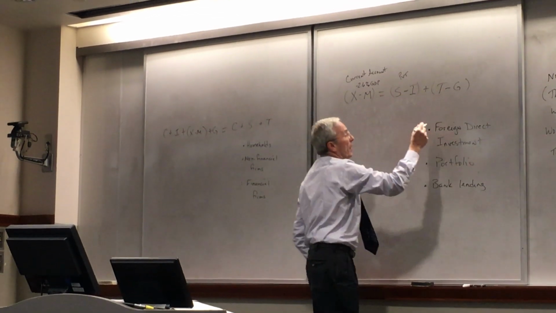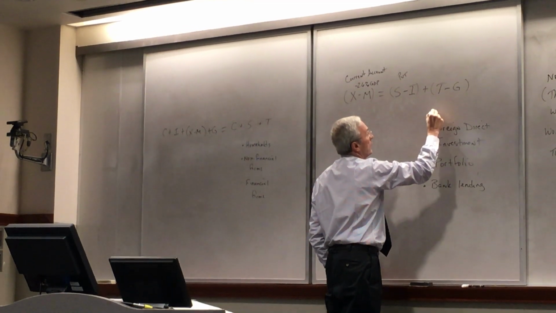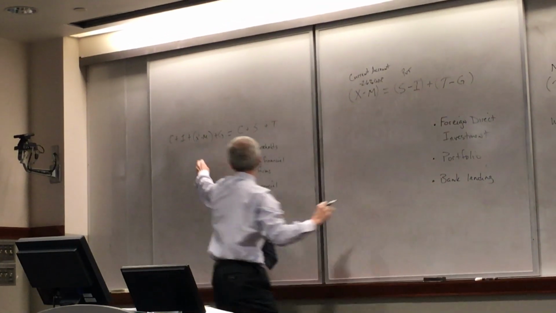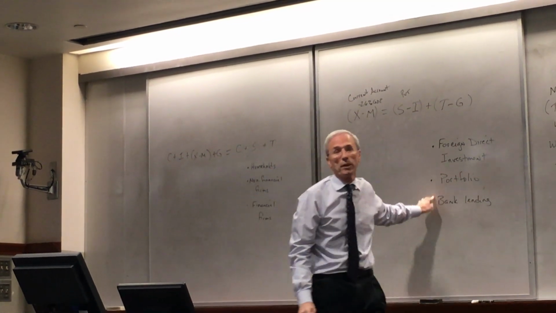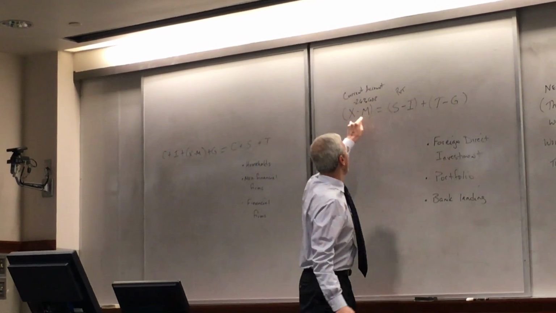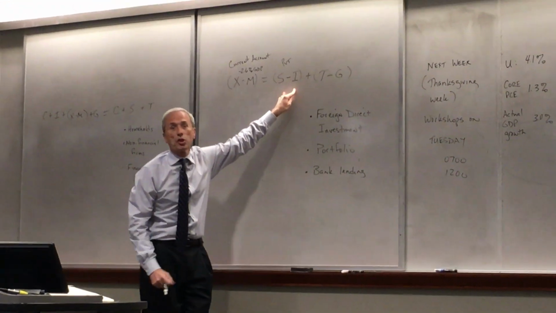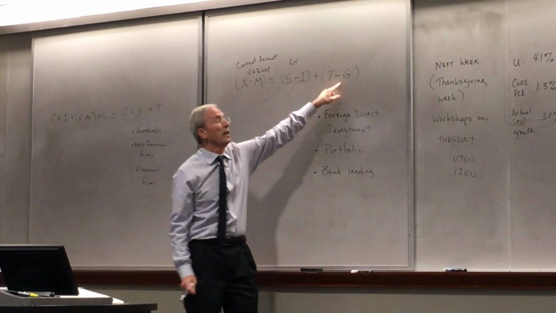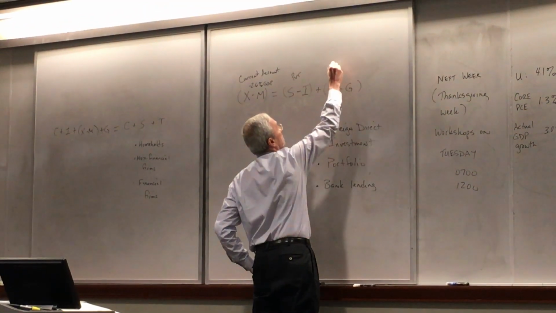This investment is basically investment in the real economy, the things that are here, right? The four pieces we have here, plus portfolio investment and bank lending. So we have a balance in terms of exports and imports. We have a balance in terms of savings and investment, and we know what this is, right? This is a rough proxy for the fiscal balance.